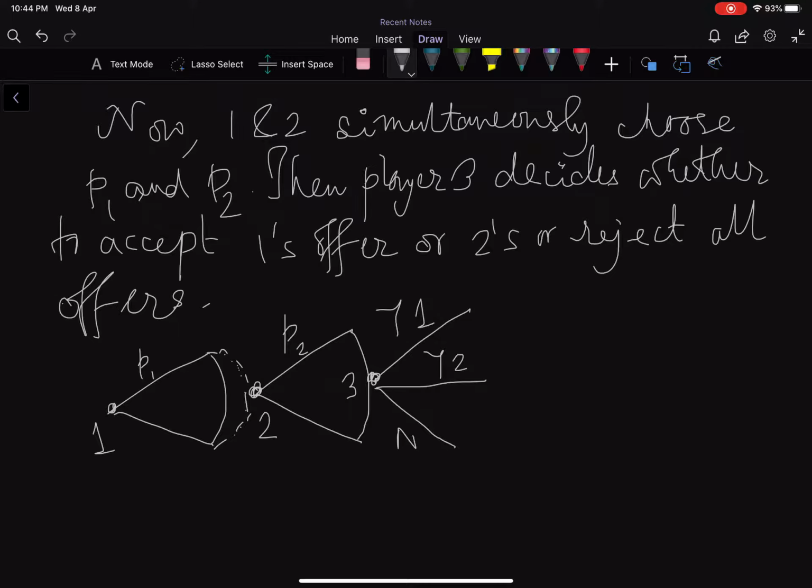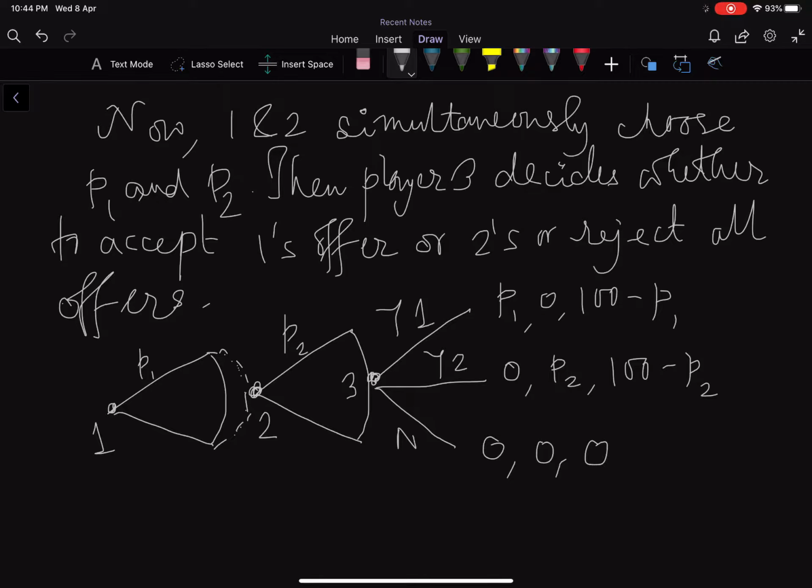So now if player 3 accepts player 1's offer, then player 1 gets p1, 2's offer gets rejected, so 2 gets 0, and 3 keeps 100 minus p1. If player 3 accepts 2's offer, then 1 gets 0, 2 gets to keep p2, and 3 gets 100 minus p2. And here everybody gets 0.